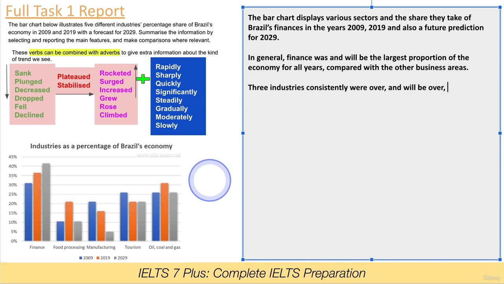We're always including that future prediction. 20% of the total. 3 industries consistently were over and will be over 20% of the total. Okay, so let's talk about, we've mentioned finance, so let's stick with that because that is a dramatic section of the bar chart.